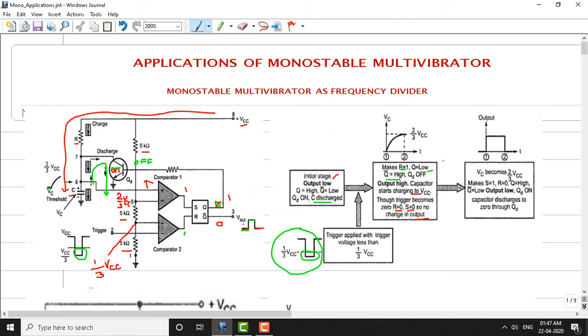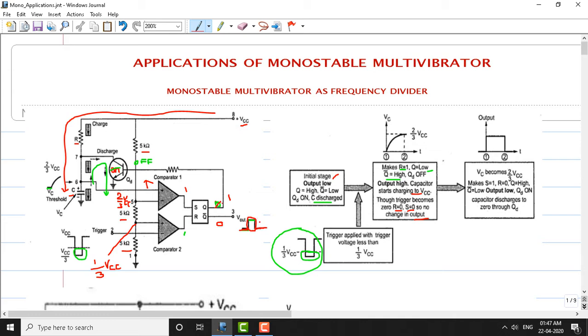The duration for which the output stays at 1 is called the quasi-stable state, and the duration for which the output remains at 0 is called the stable state. It has one stable state and one quasi-stable state. In total, this monostable multivibrator has two states. The low state is called the stable state and the high state is called the quasi-stable state.